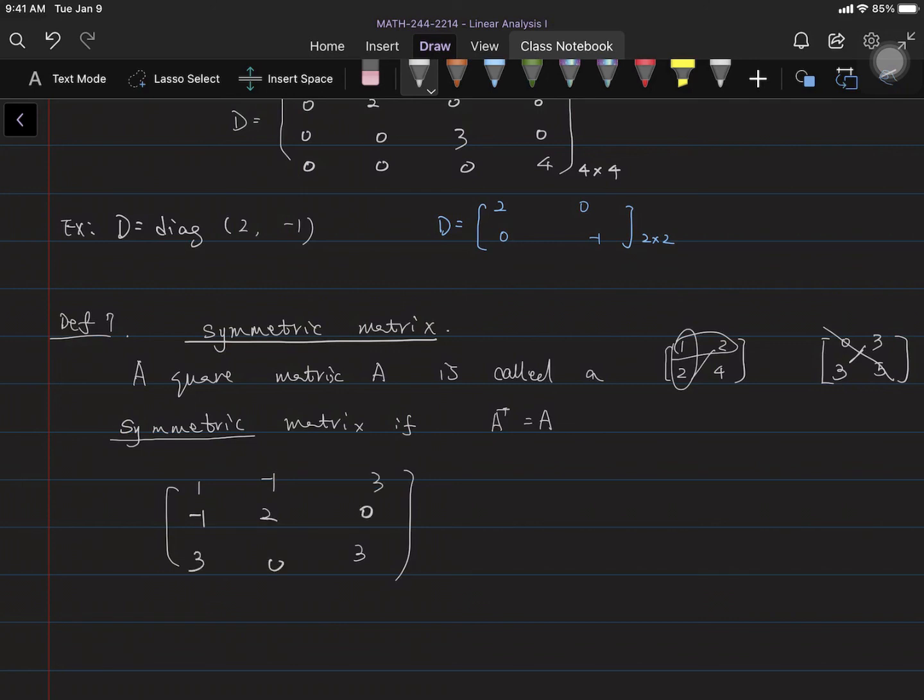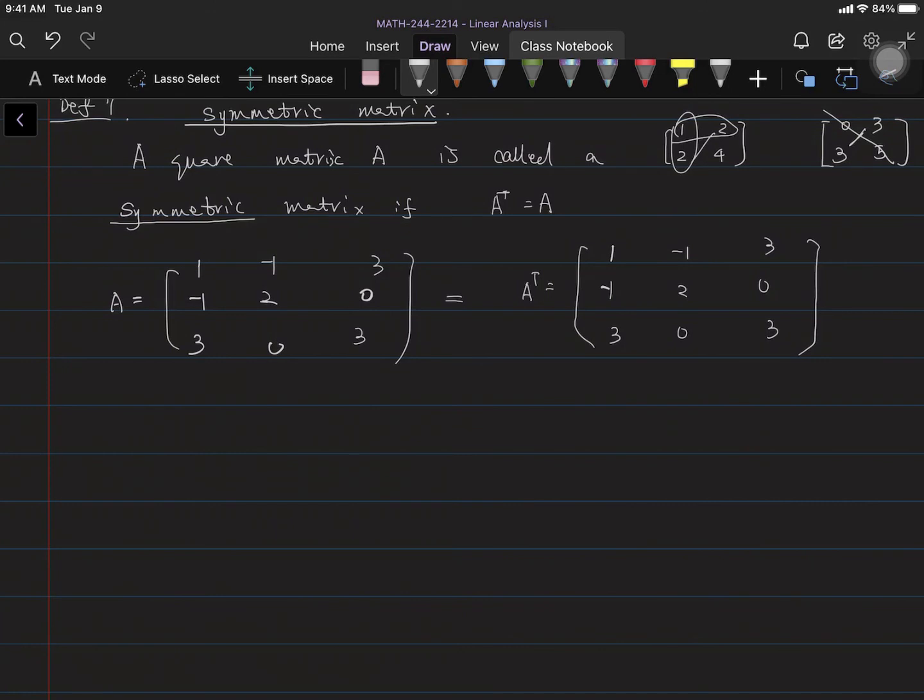It's symmetric, and this is a symmetric matrix. If you look at the transpose, the first row becomes the first column, 1, -1, 3. The second row becomes the second column. The third row becomes the third column. So you can see they are exactly the same thing.